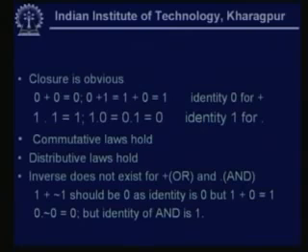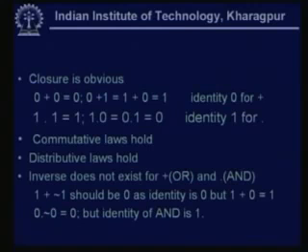So, 0 plus 0 is 0, 0 plus 1 is 1, 1 plus 0 is 1. Similarly, if we now take the operator as dot, 1 dot 1 is 1, 1 dot 0 is 0, and 0 dot 1 is 0. Now, see the results are also either 0 or 1. So, the closure property holds.